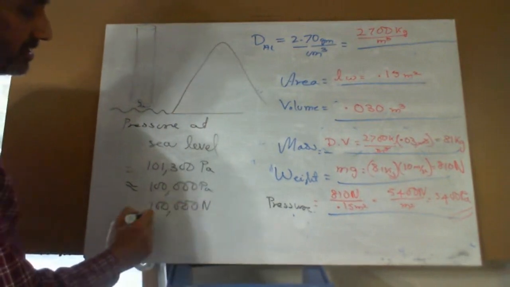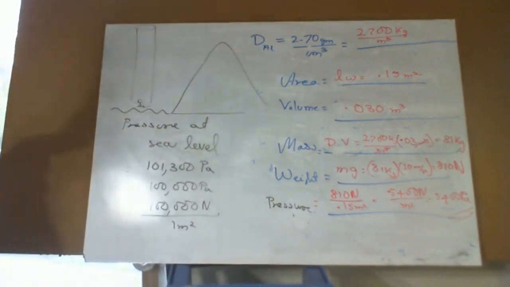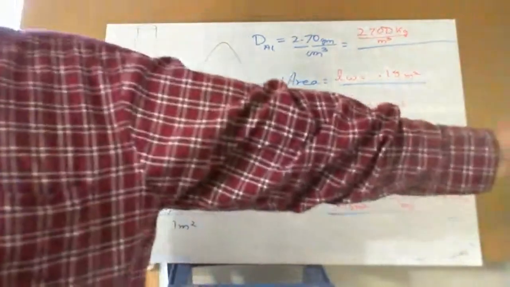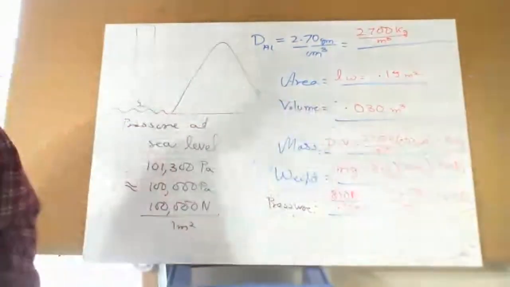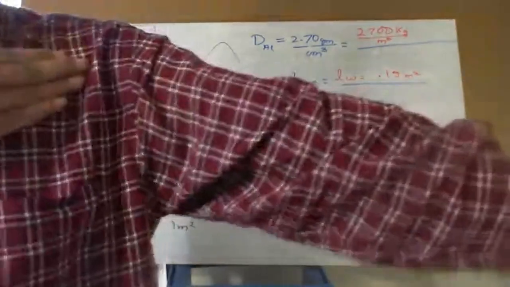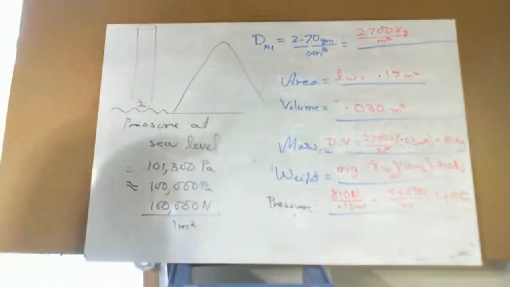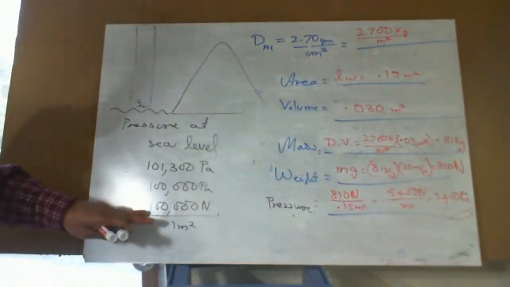Pascal is newtons for every 1 square meter. Now I have shown you, 1 meter is about from there to there, if you stretch your arm out. So think of a square, 1 square meter.